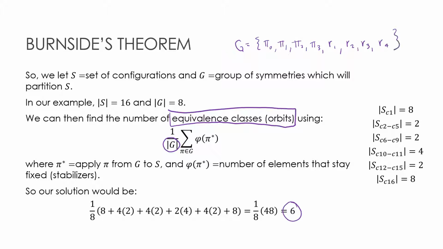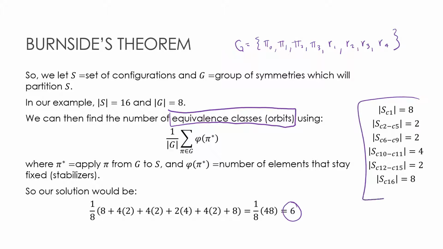That's why there were 8, because there were 8 different rotations and reflections that we were using. So that's why we're using 8 here. Then essentially all we're doing is finding an average, because we're taking 1 divided by the number of different symmetries. And then we're adding up the number of elements that stay fixed, which is what we just did on that other page.